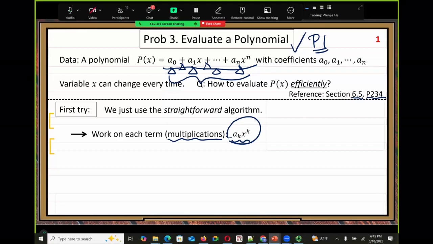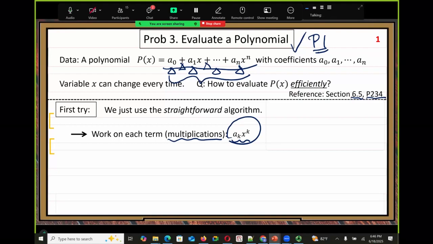What's the strategy? Do some experiments. You do some experiments for small k numbers.